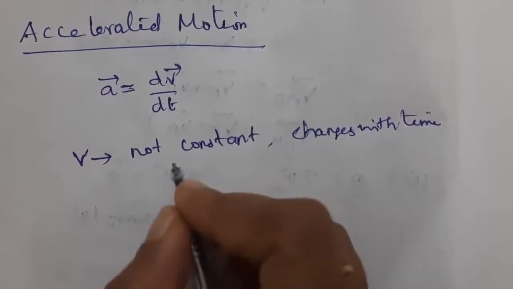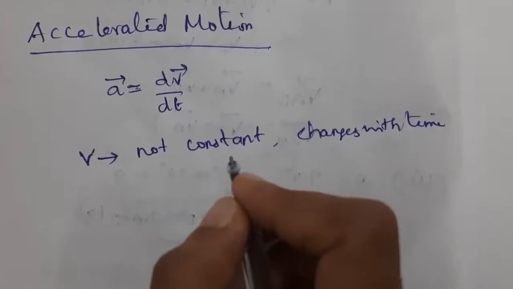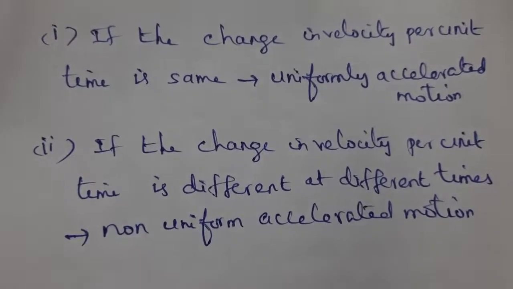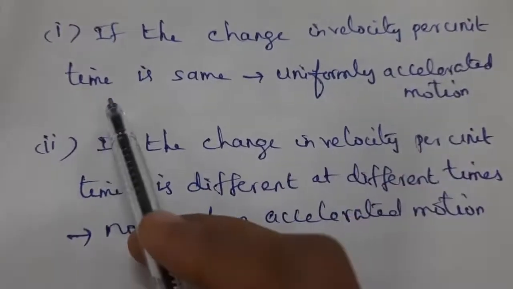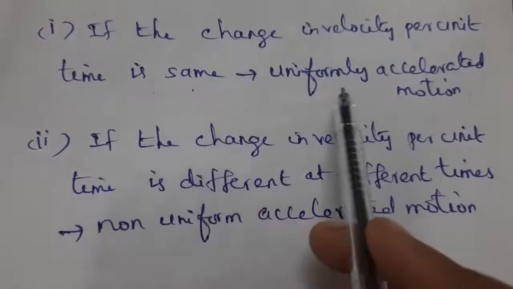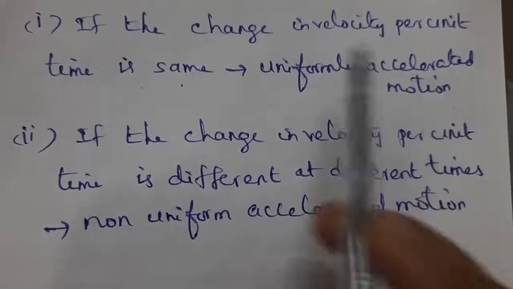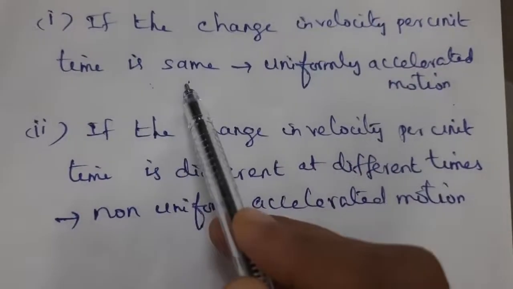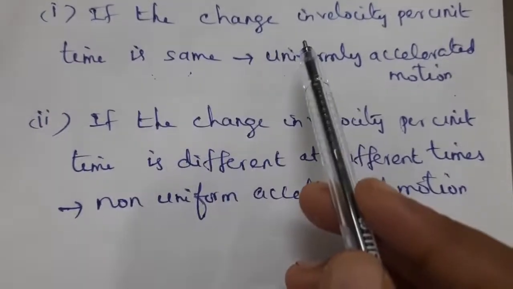So during non-uniform motion of an object, the velocity of the object changes from instant to instant. In this accelerated motion, if the change in velocity per unit time is constant or same, then the object is said to be in uniformly accelerated motion. For every time interval, the change in velocity is constant.